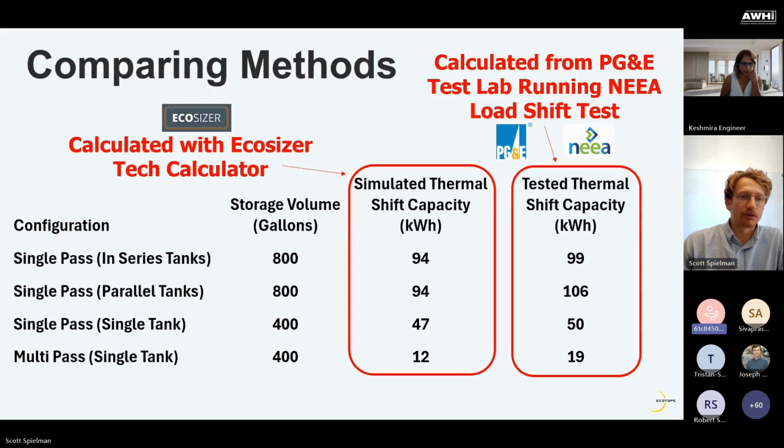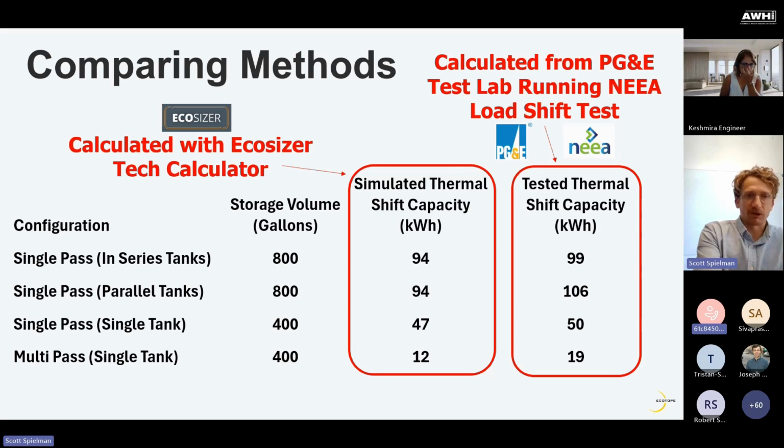And then we compared that to the EcoSizer test methodology that I talked about first, which we used for the tech program. We ran the testing in the lab in California and calculated the thermal shift capacity, and then we input those same systems and controls into the online simulation tool that we built.